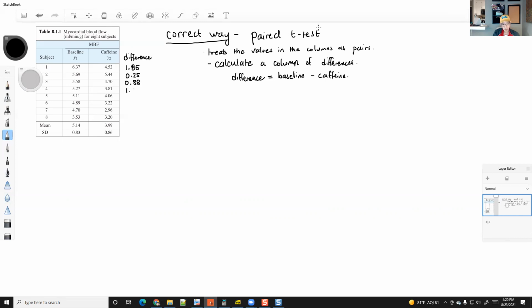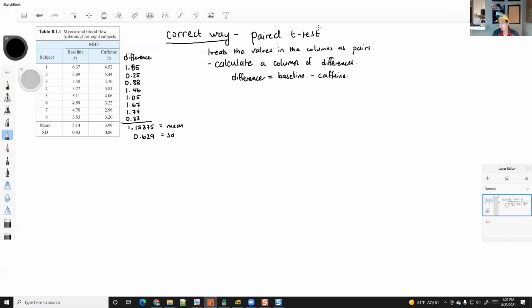1.88, 1.46, 1.05, 1.67, 1.74, and 0.33. Then I'll also calculate the mean. 1.15375 is the mean, and the standard deviation is 0.629.